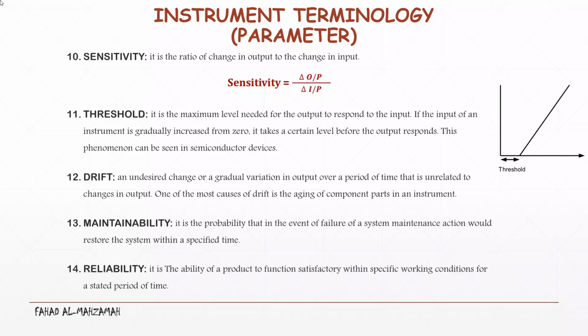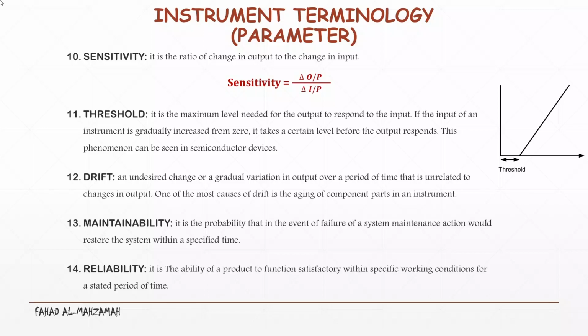The last one is the reliability. It comes from reliable. It is the ability of that instrument to function satisfactorily, or acceptably, within specific or different working conditions for a stated period of time. For example, if you have a reliable instrument, in hot weather it works perfectly, satisfactorily.